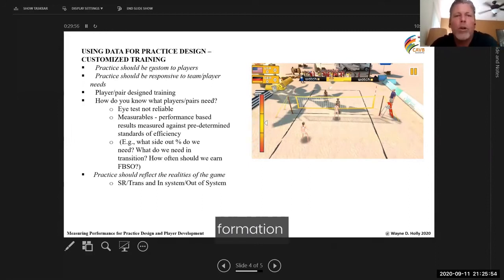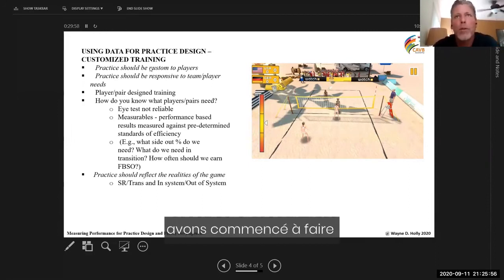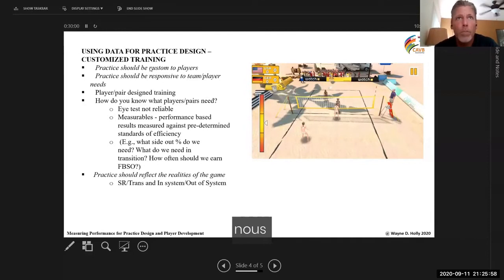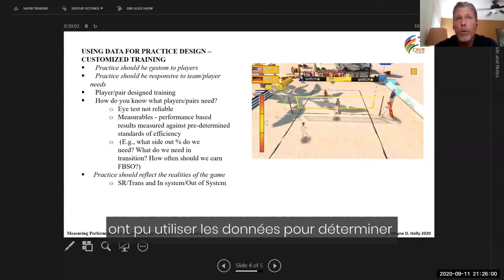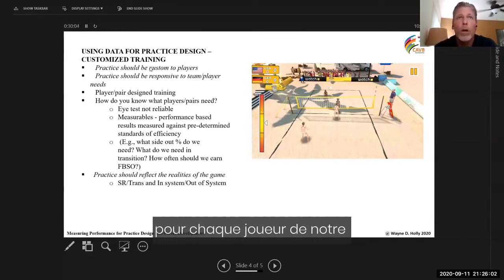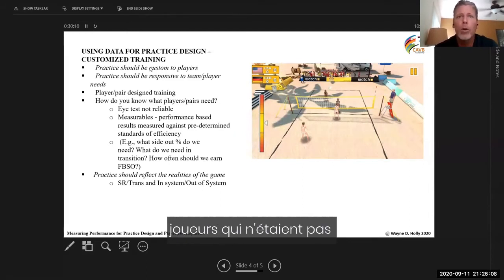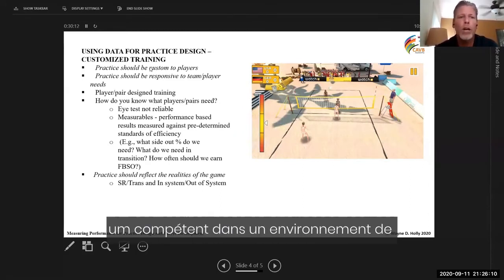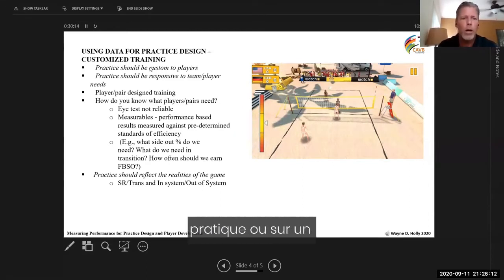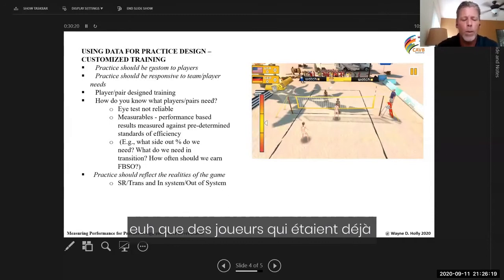Once we were able to use the data to figure out each player's proficiency level with each skill, we were able to put players who weren't proficient in a practice environment or on a court that spent more time on that skill than players who were already proficient at it, according to our measurements.